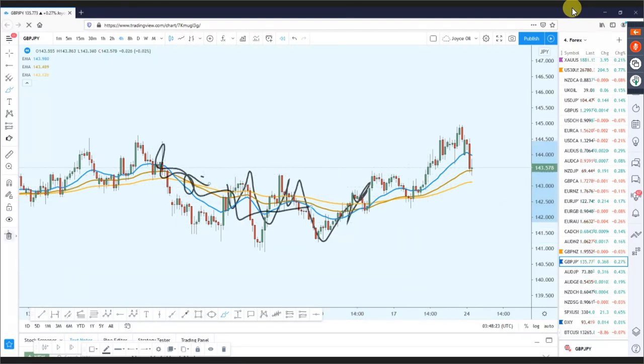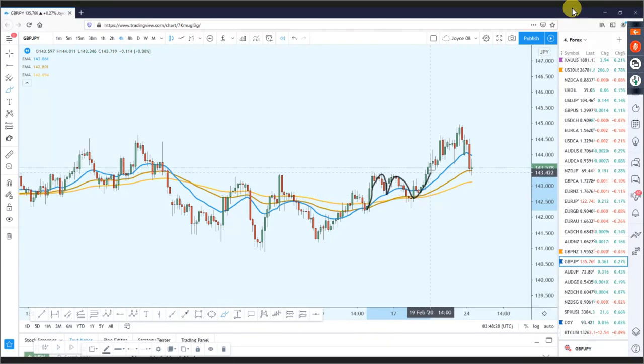And then it starts moving away, coming back to tap it, moving away, tapping it, and uptrend. So now that it closed right at our brown, it signifies a change in trend.